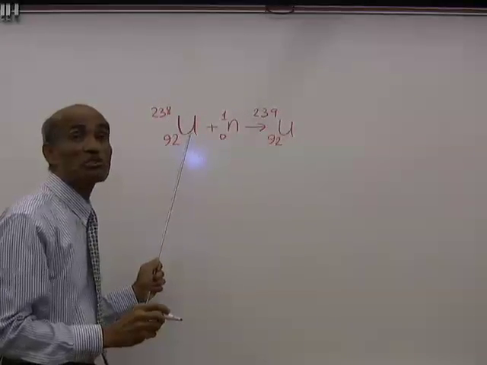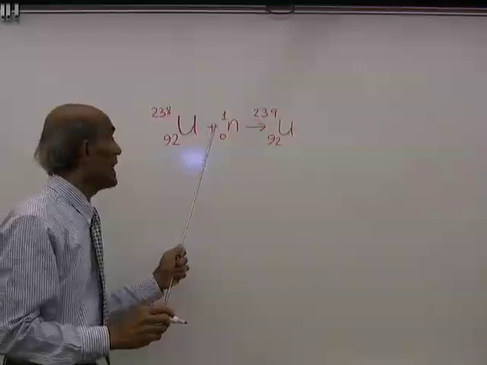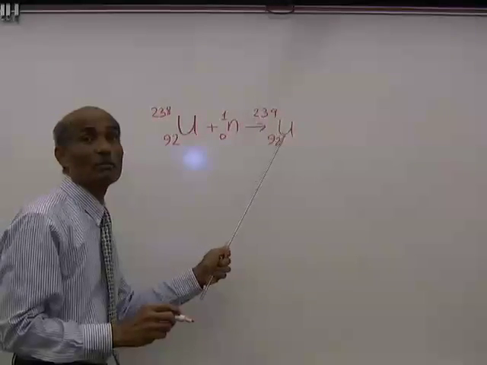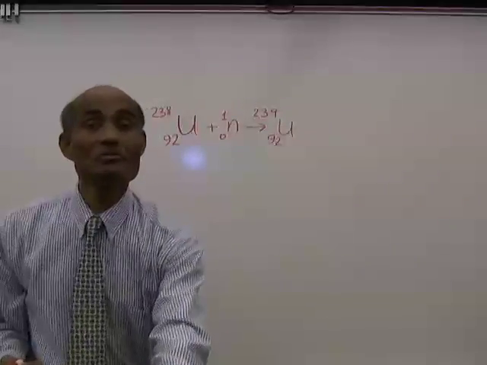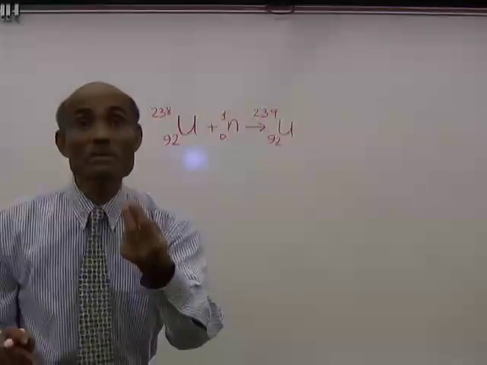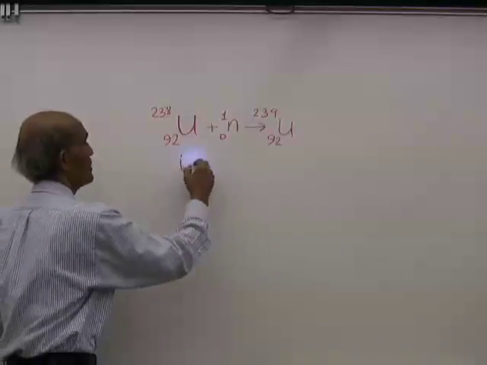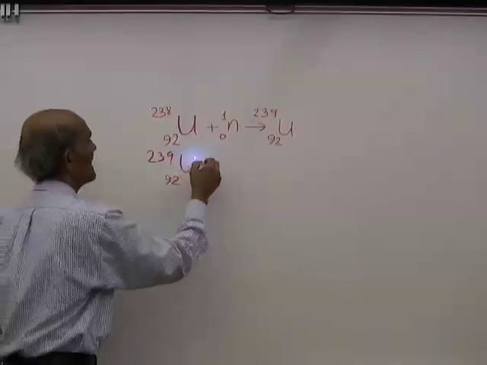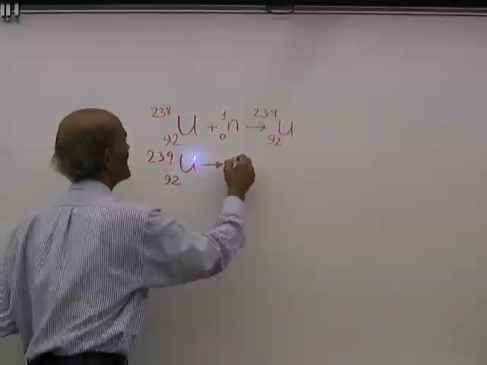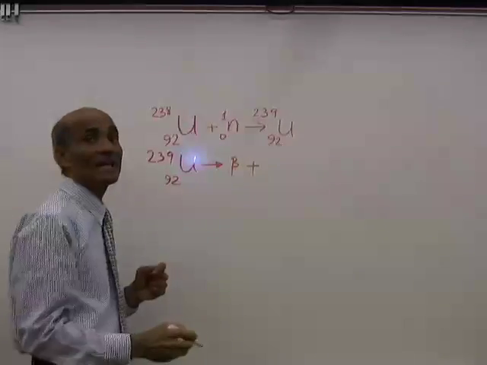Uranium-92-238, a non-fissionable isotope of uranium, absorbs a neutron, becomes uranium-239, and uranium-239 emits a beta. What happens? Uranium-239 emits a beta. What is the resulting element?